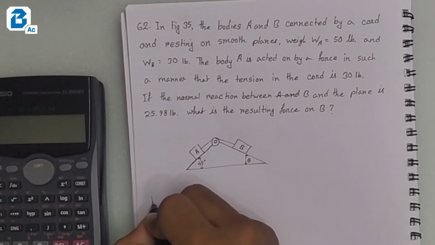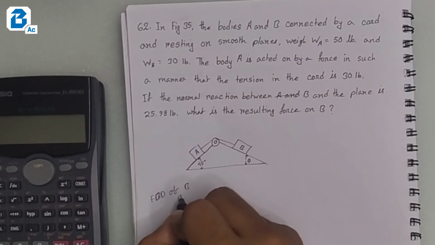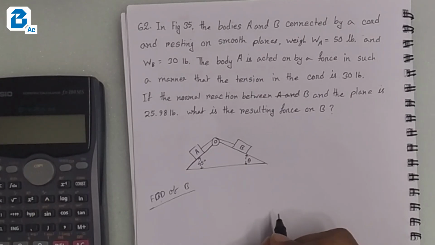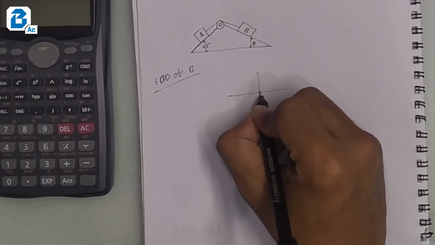So we can draw the FBD of B. Then we get something like this.